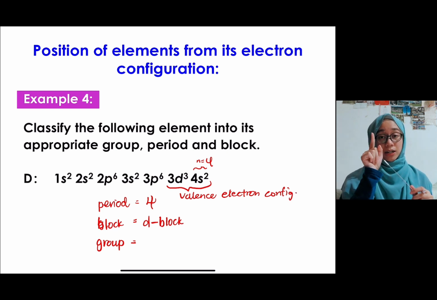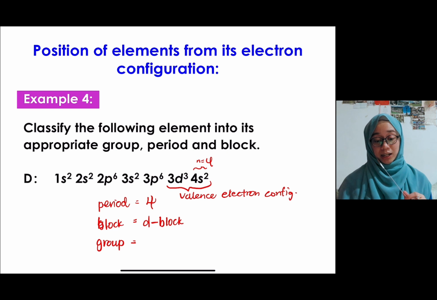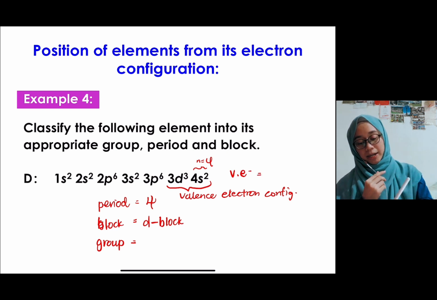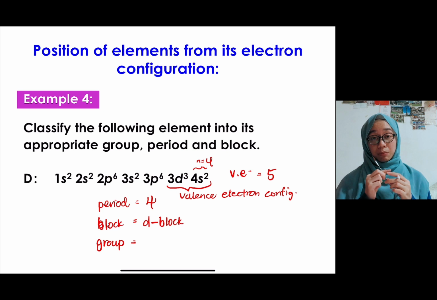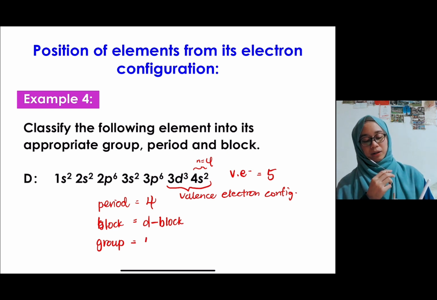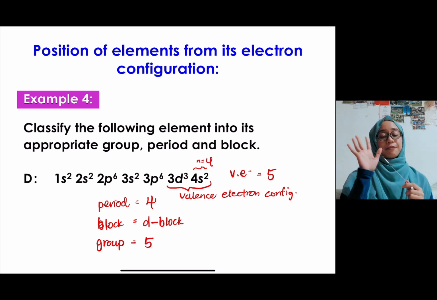Therefore, kalau nak cari the number of valence electron, kita kena tambahkan yang dalam 3D dengan 4S. So, the number of valence electron in the case of D elements dekat sini adalah 5. 3 tambah 2, 3 plus 2. So, you get 5. Therefore, kalau untuk D block class, perlu tak tambah 10? No need. So, the number of valence electron adalah the group number. So, group number kat sini adalah 5.